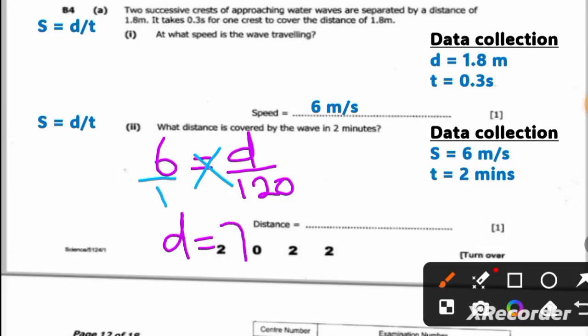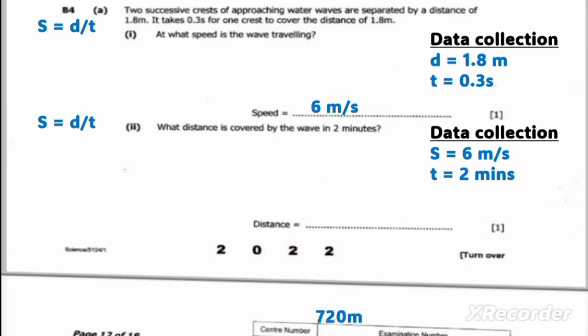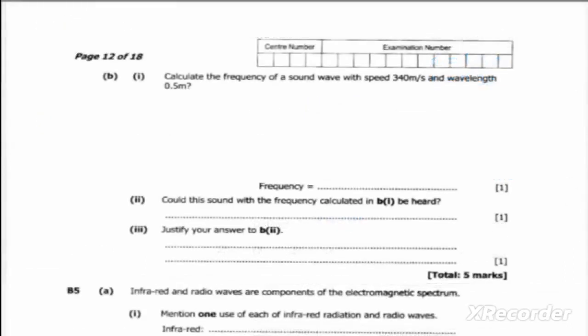So here we are going to get 720 meters. So 720 is our answer here. Therefore our correct answer is 720. We shift to the next question, which is question B4B, Roman numeral 1.